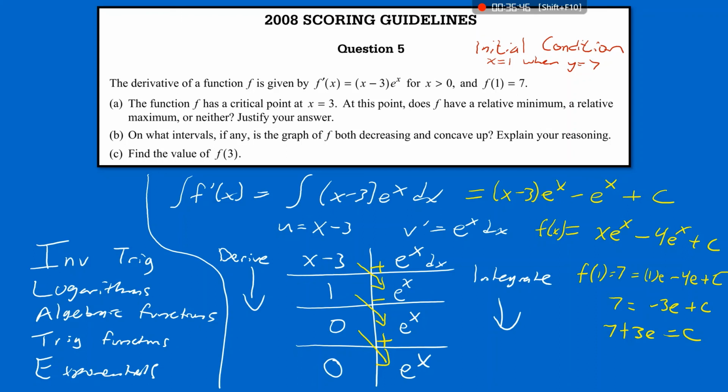So I've got our plus c, so I'm just going to substitute for plus c here, and then we're done. So f of x is equal to x e to the x minus 4 e to the x plus 7 plus 3e.